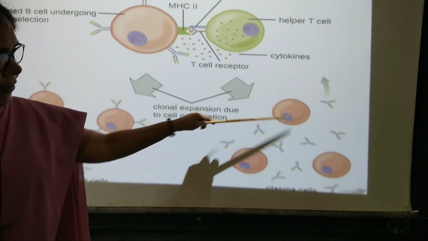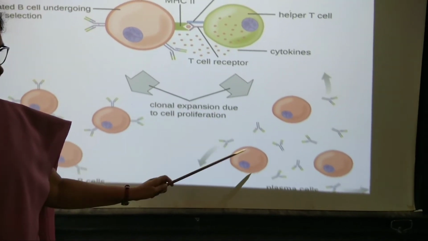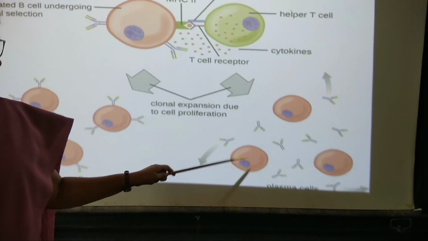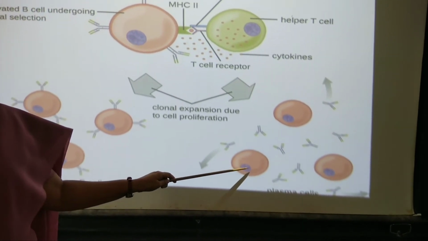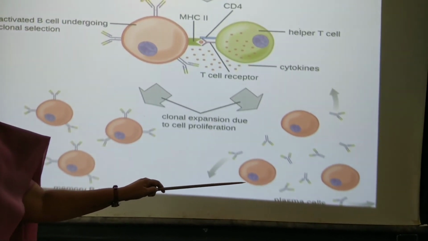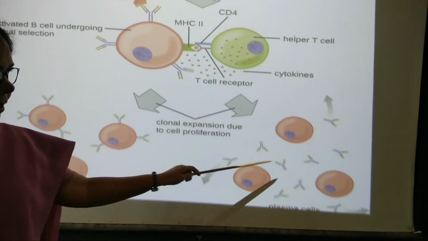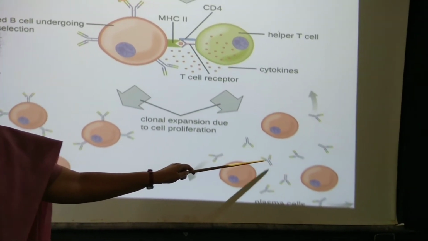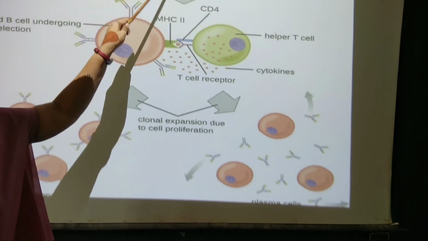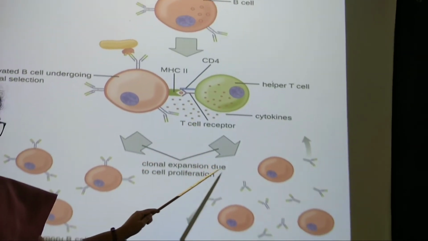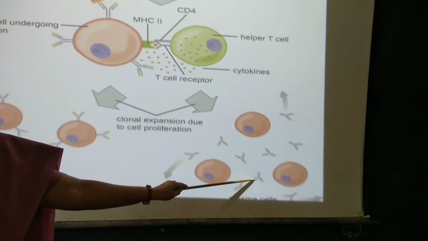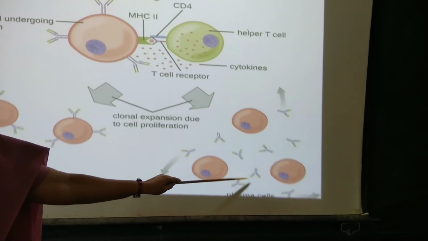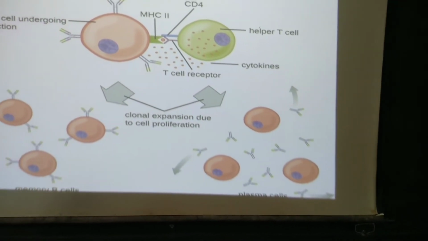The effector cell is the plasma cell, and it has the ability to synthesize antibodies that act as effector molecules. That happens in the primary response when the antigen first enters. Antibody is produced, and now this antibody has to perform the effector functions.